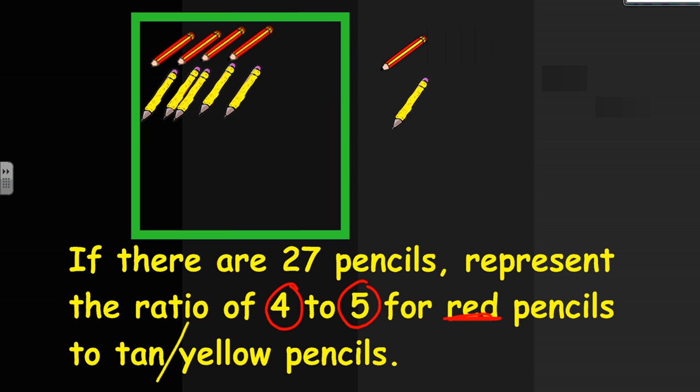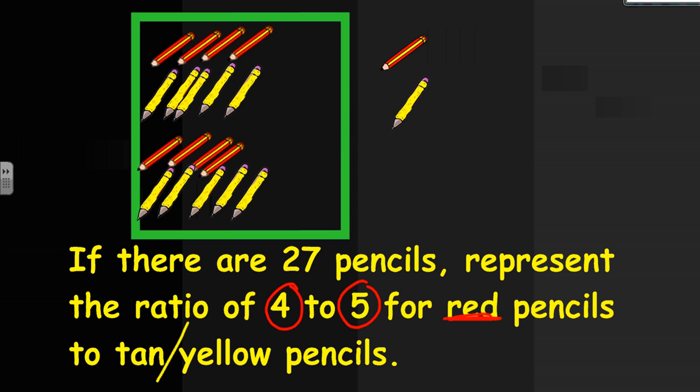Now am I finished? Of course not. Right now I only have a total of 9 pencils, and I need a total of 27 pencils. So what am I going to have to do? I'm going to have to increase the number of red pencils and yellow pencils, but I want to keep my ratio the same, 4 red for every 5 yellow. So I'm going to add 4 more red, 1, 2, 3, 4, and 5 more yellow, 1, 2, 3, 4, 5.